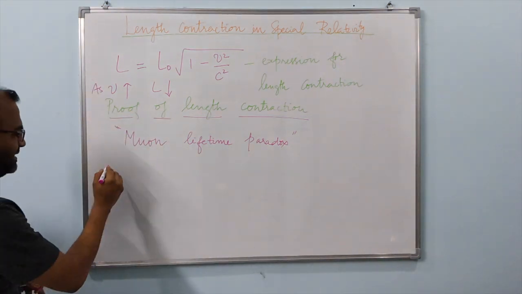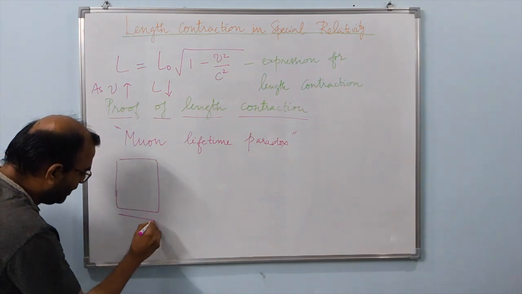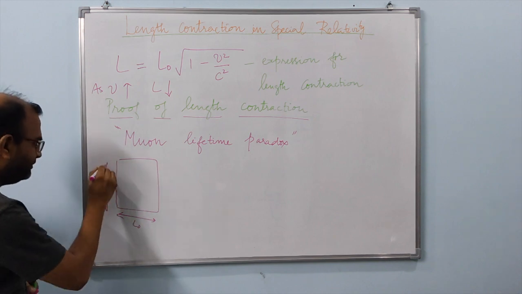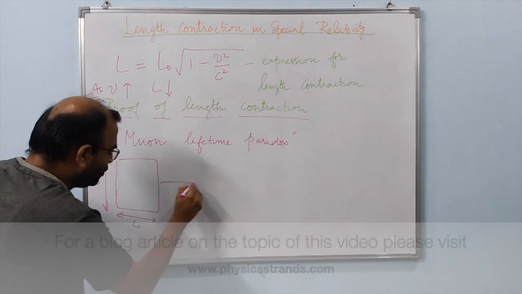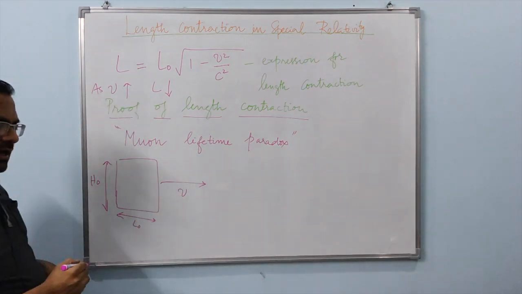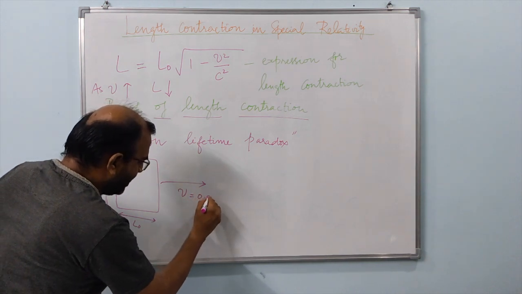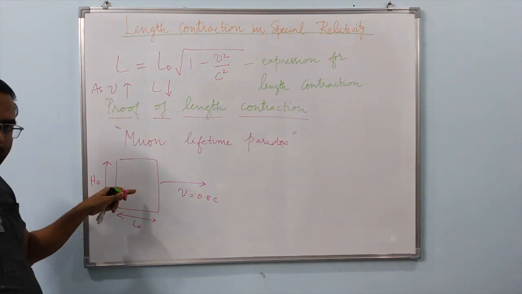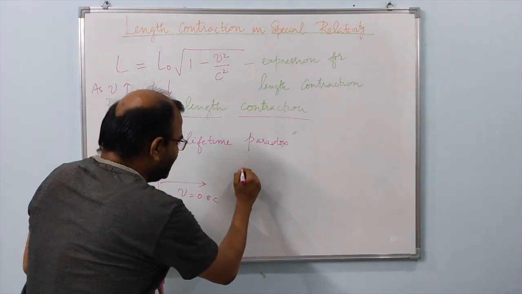One can clearly see, for example, if we carry a book whose length is L naught and the height is, let's say, h naught, and the book is moving in this particular direction at a velocity close to the speed of light, let's say about 0.8 c. Now an observer on Earth would measure this length to have substantially contracted.